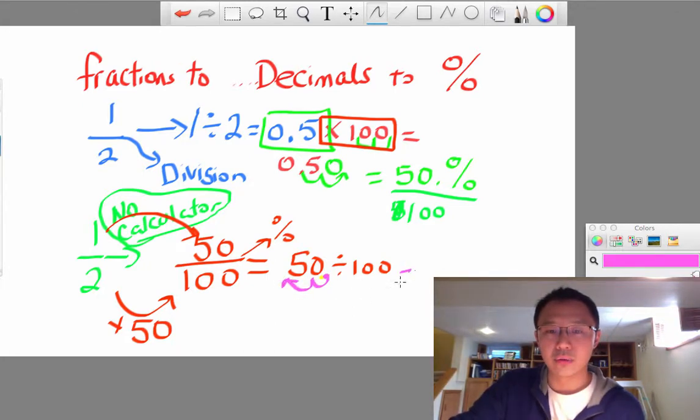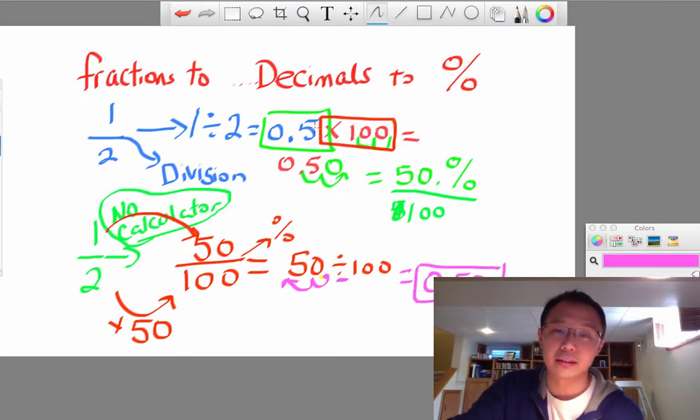Okay, so if we move the decimal 2 places to the left, that gives you 0.50. That's because we divided. You notice that the decimal number is exactly the same as what we did with the calculator.